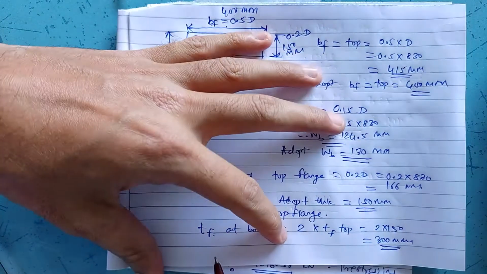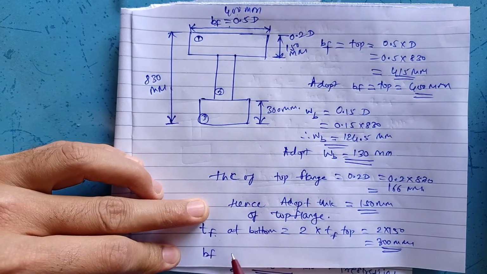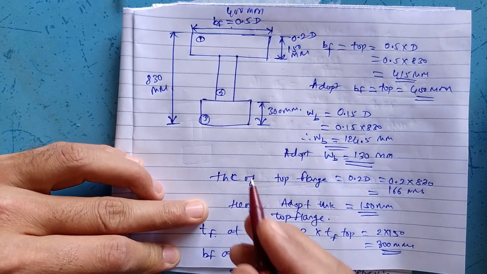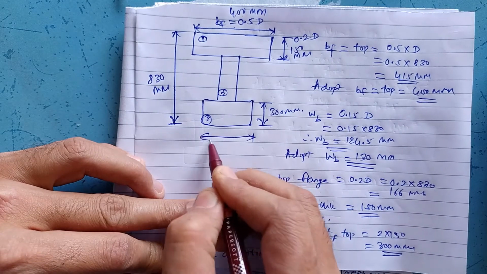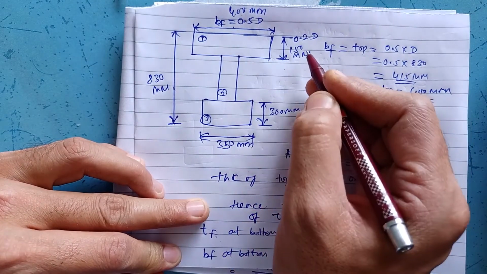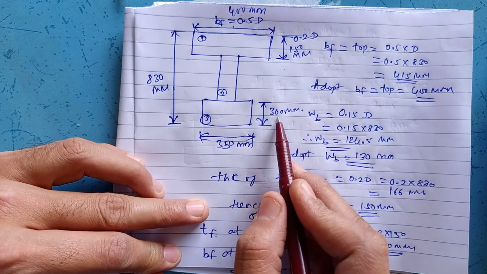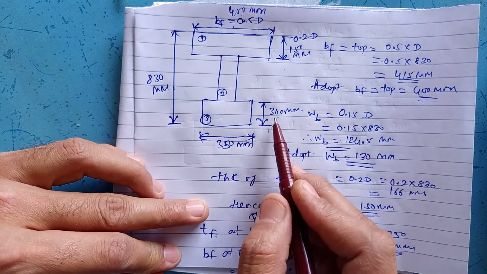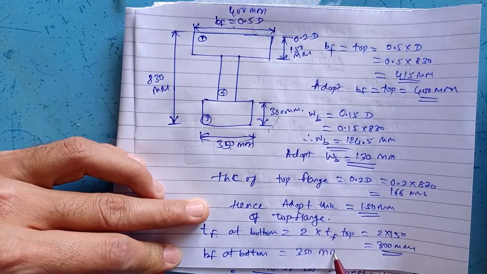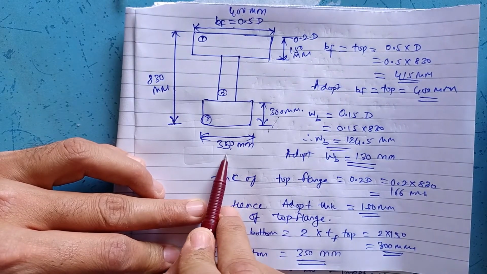And assume width of flange at bottom as 350 mm. That should be greater than the thickness of the flange. Hence, assume 350 mm as width of the bottom flange.